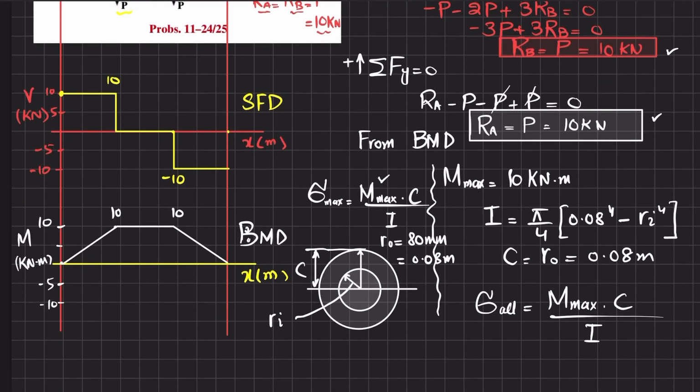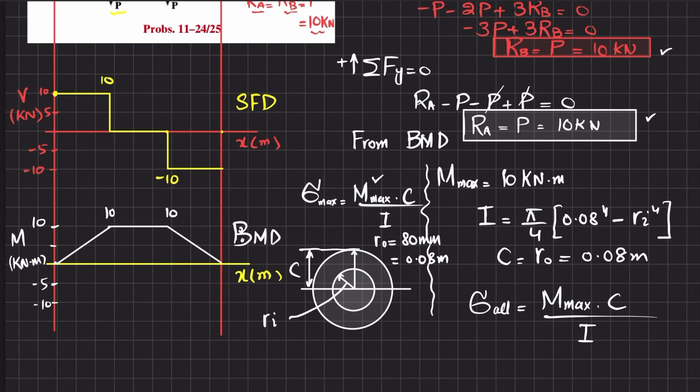So what we will do is 150 into 10 raised to power 6 is equal to the maximum bending moment, which is 10 kilonewton meter. So 10 into 10 raised to power 3 will convert into Newton meter. C is 0.08 divided by I, and this I is pi by 4 into 0.08 power 4 minus Ri power 4.